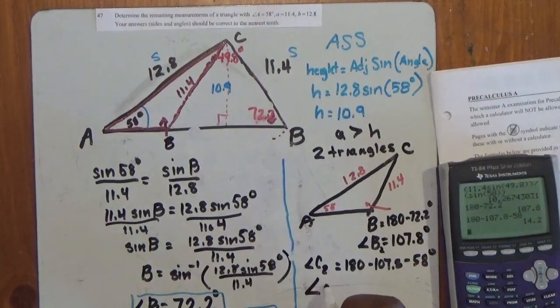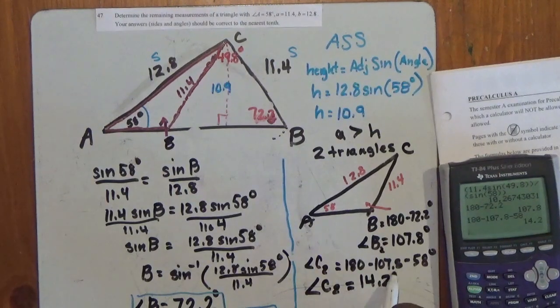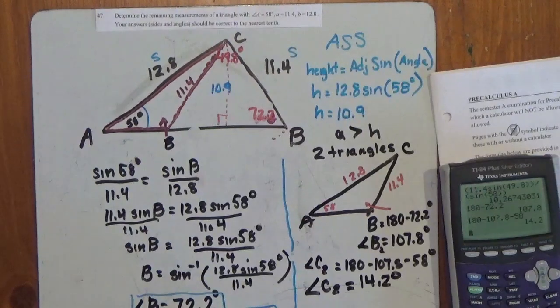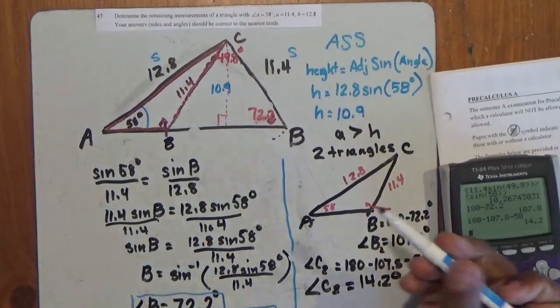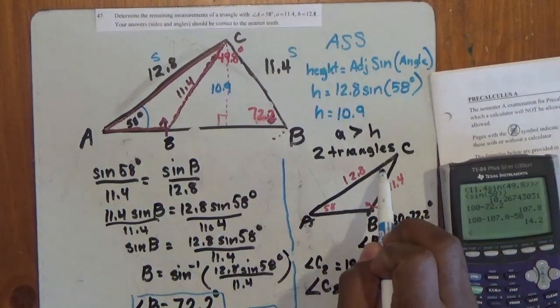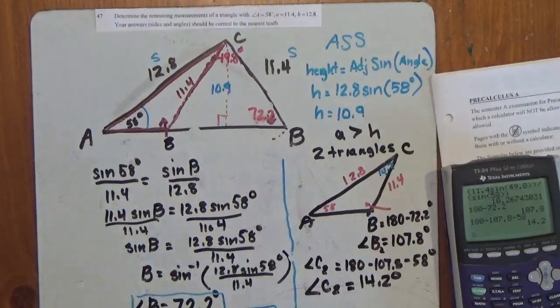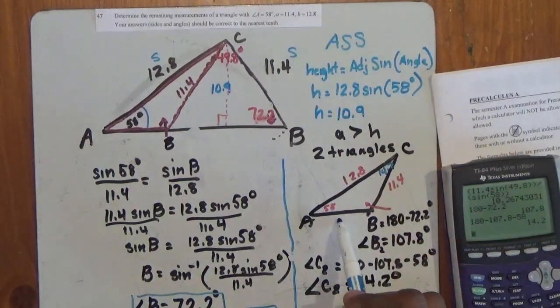And so the second angle C is equal to 14.2 degrees. That leaves us with side C that we need to find.